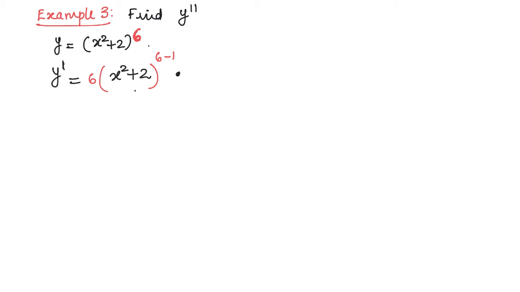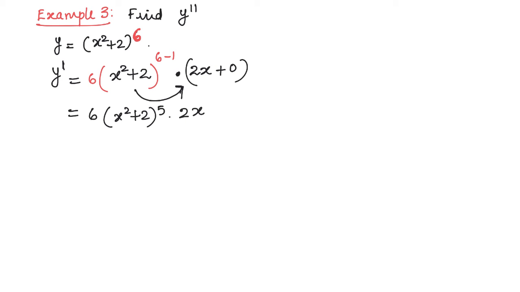Then multiply by the derivative of the inner function. Derivative of the inner function means derivative of x square is 2x. Derivative of 2 is 0. Now let me simplify this. x square plus 2 power 5 times 2x. That is the same as writing 6 times 2, 12x, and x square plus 2 power 5. That is my y prime.